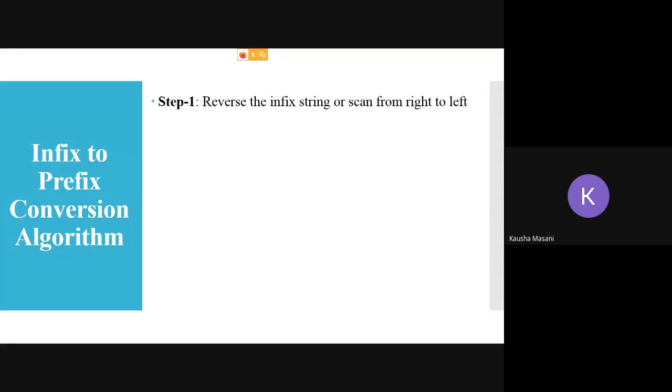Now the algorithm, okay? So if we are writing it in an algorithm format, then we have to write: reverse the infix string or scan from right to left, okay? Then step 2, if it is an operand, add it onto your output string, okay? That means your prefix string.